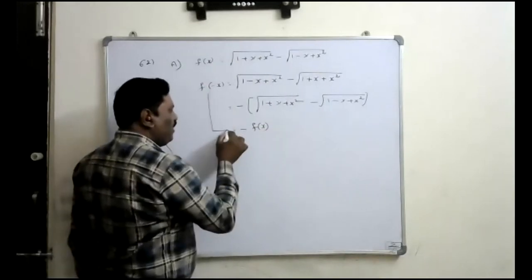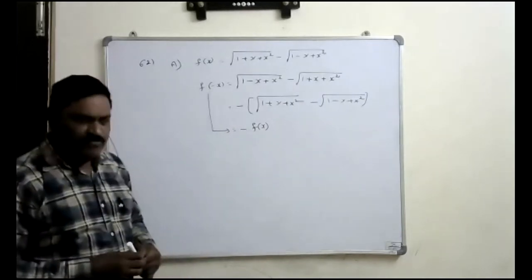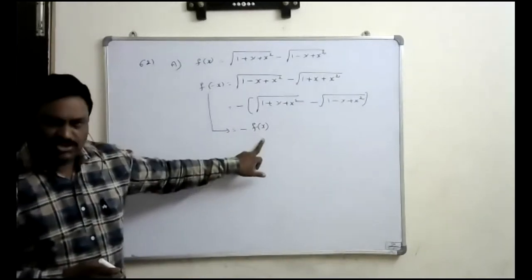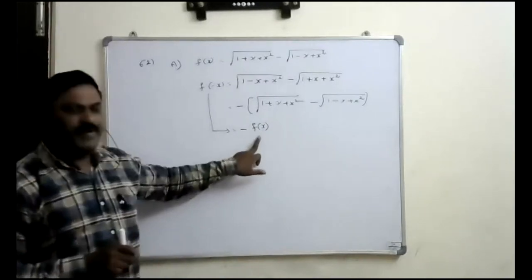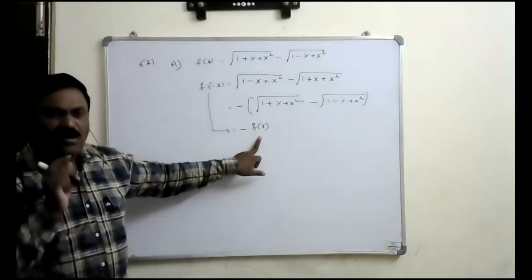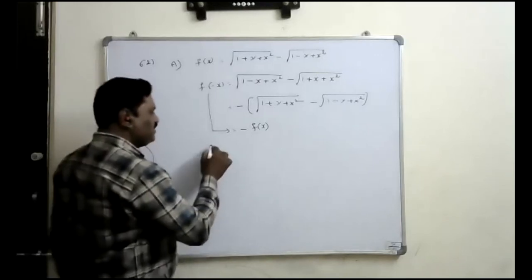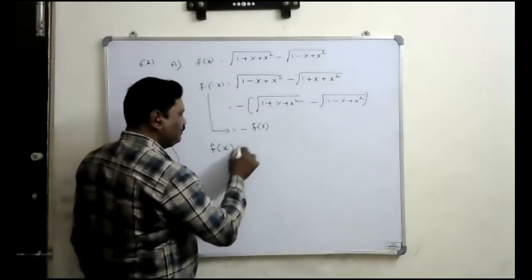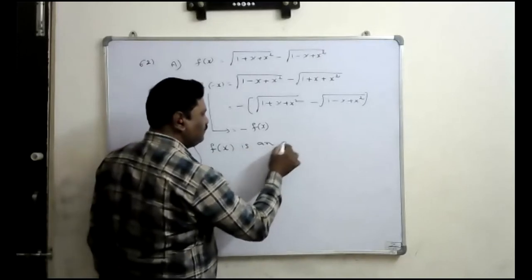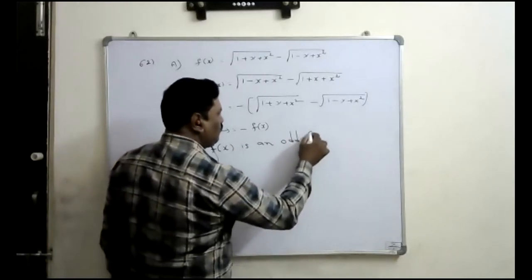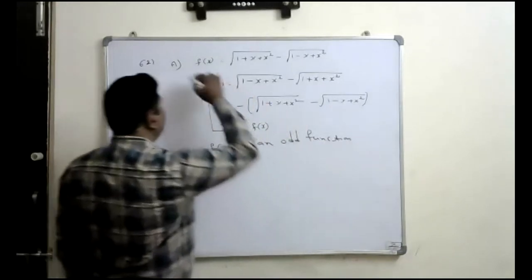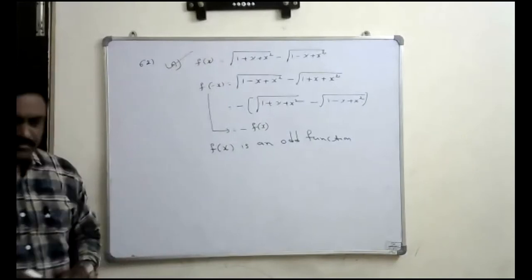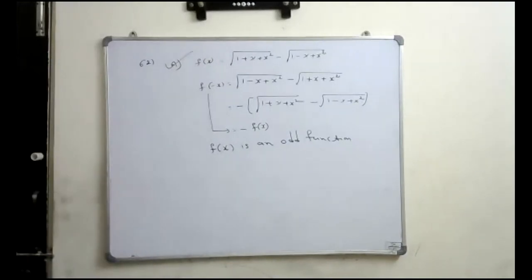If you replace x by minus x and get the minus of that particular function, then this is called an odd function. So f of x is an odd function. So A is correct. No need to check the rest. That is the correct option.